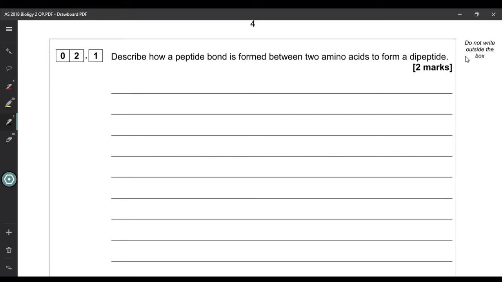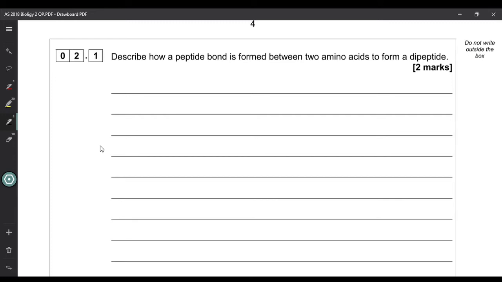Question 2 asks us to describe how a peptide bond is formed between two amino acids to form a dipeptide. So the first thing we need to know about what happens during the formation of a dipeptide bond is the type of reaction that takes place. And the type of reaction that takes place to form a peptide bond is a condensation reaction.